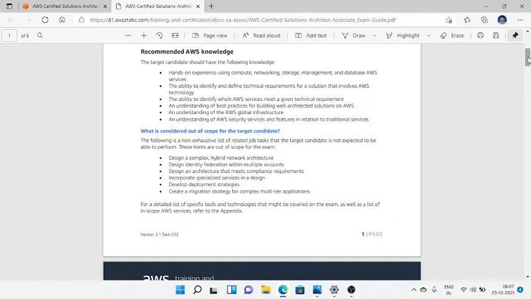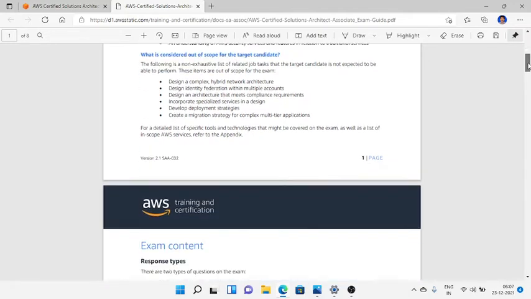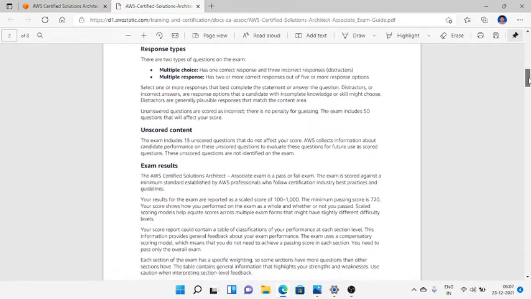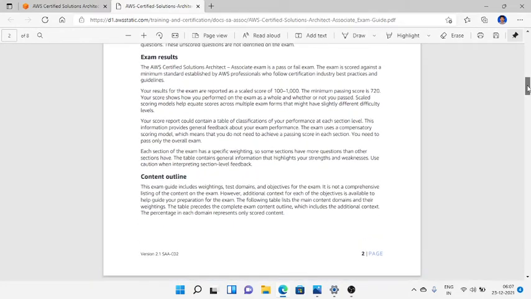By the end of your preparation, you should be able to understand all these concepts. The AWS Solutions Architect Associate exam is a pass or fail exam, scaled with a score of 100 to 1000. The minimum passing score is 720, that is 72%.